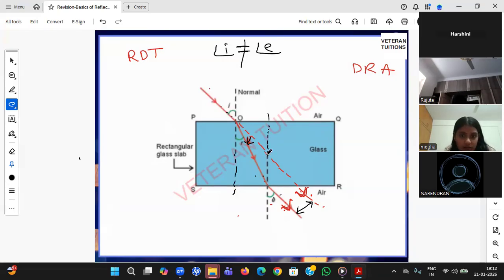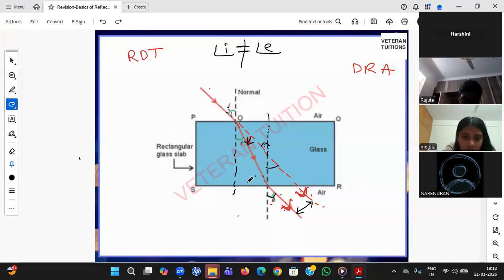Now you see, this angle will be equal to this angle I. Why? Corresponding angles. This is a normal line, and they both are parallel lines, so this angle also will be equal. Now you see, vertically opposite angles, they both are equal. Again, corresponding angles.